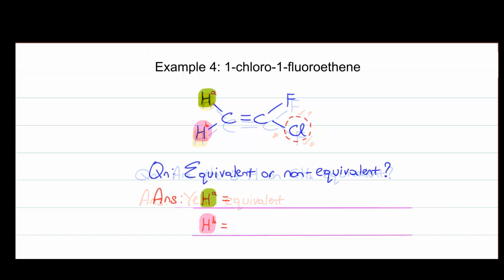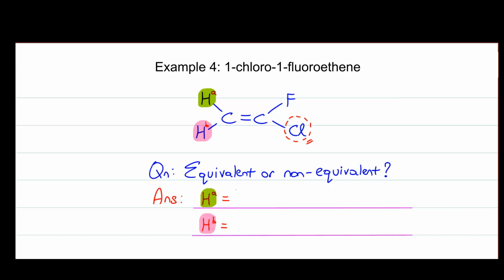Now, let's make one small change. Replace one fluorine with chlorine. The carbon across the double bond is no longer symmetrical. Does that affect the 2 hydrogens? Now, the 2 hydrogens become non-equivalent.